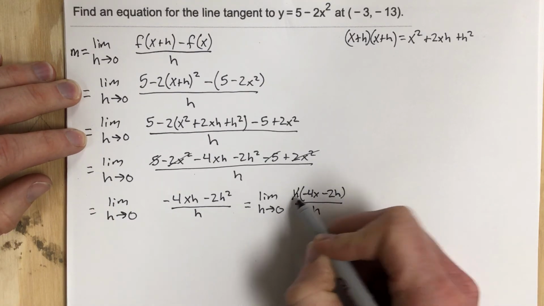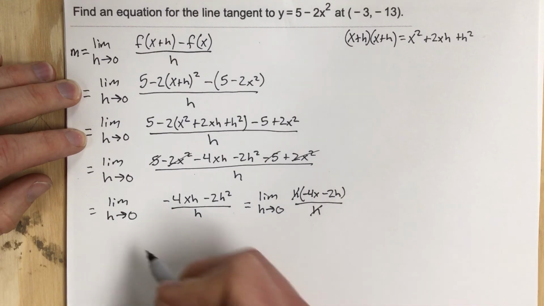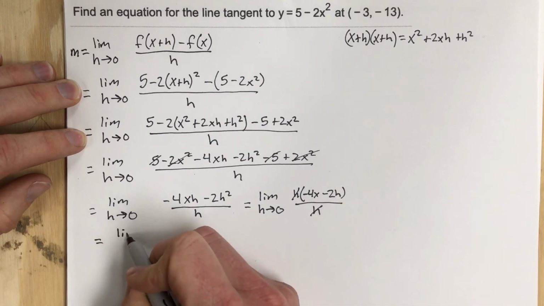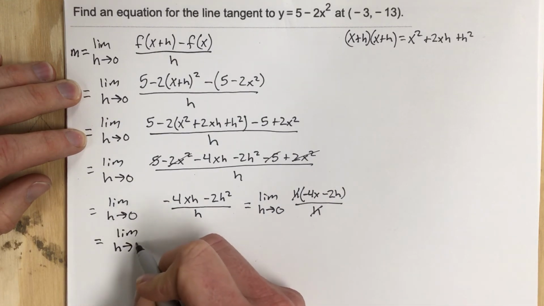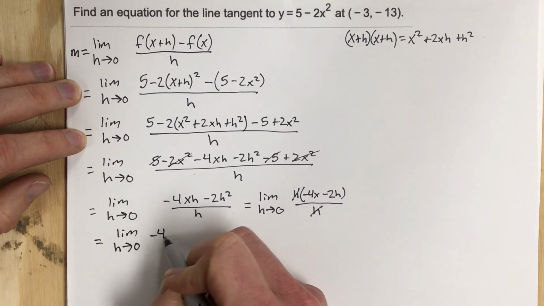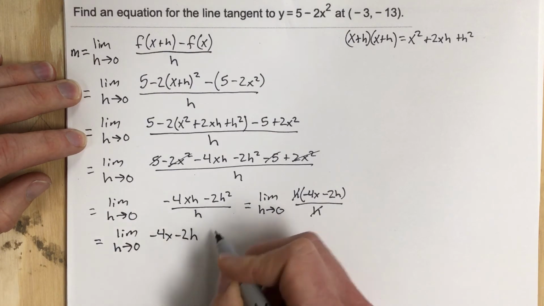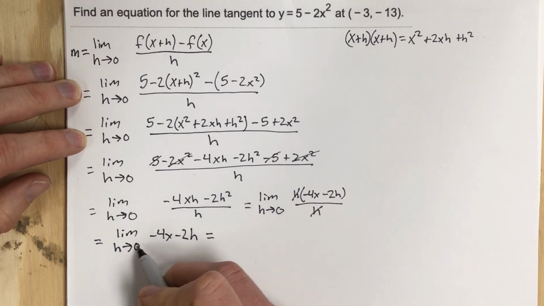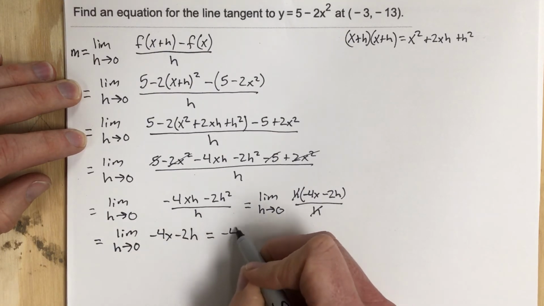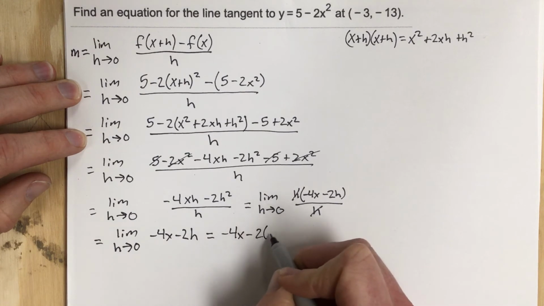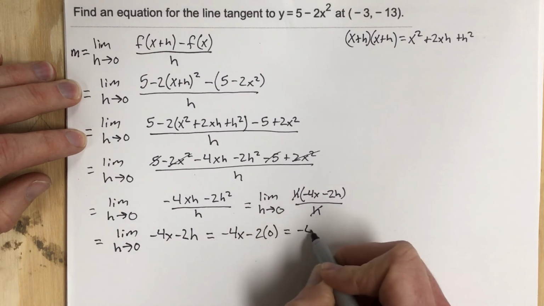The h's cancel, which was the goal, and so I get limit as h approaches 0 of negative 4x minus 2h. So I can plug in the limit now, and when I plug in h of 0, I get negative 4x minus 2 times 0, which is negative 4x.